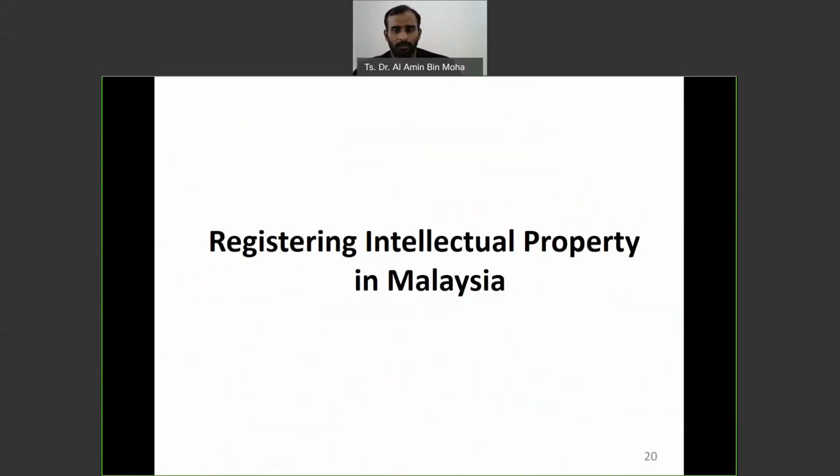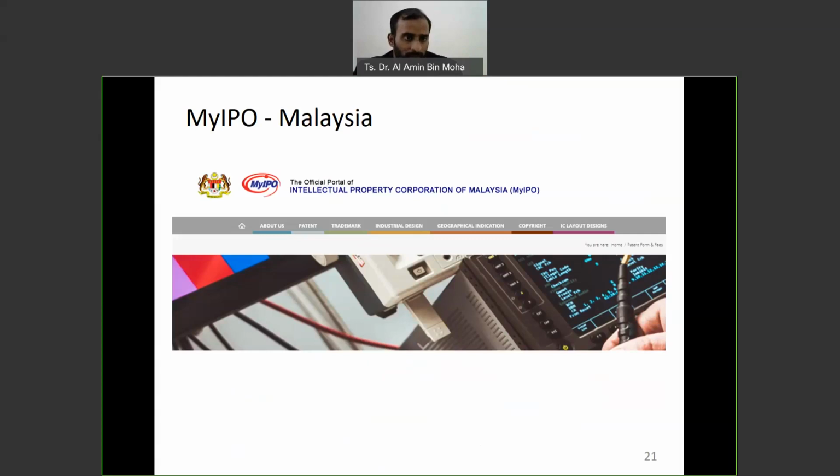So here we're going to see registering intellectual property in Malaysia. Basically what I'm going to share here is just general information. It's not step-by-step information. Okay, basically you can visit this website, the official portal of the Intellectual Property Corporation of Malaysia, MyIPO.